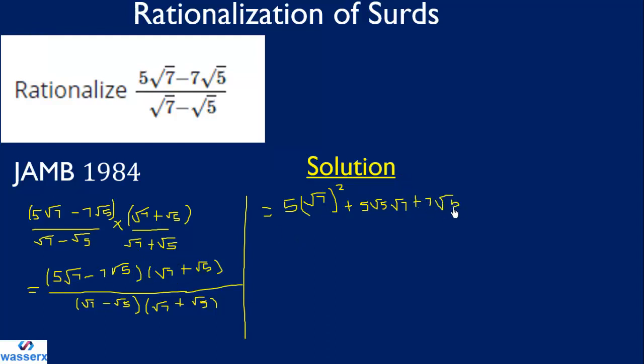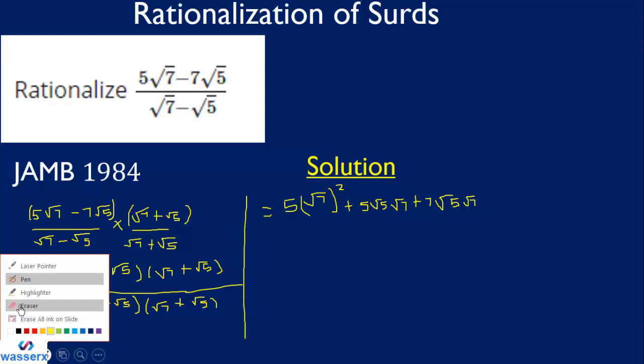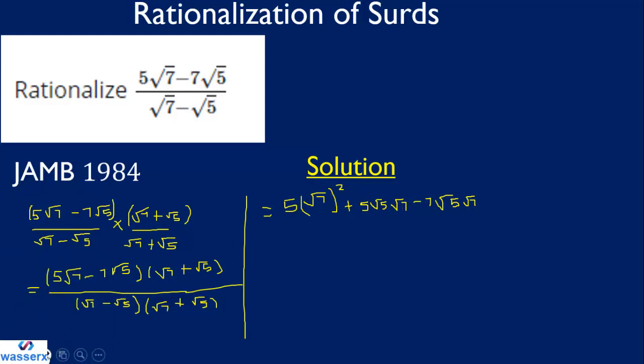So then we have minus 7 root 5 root 7, then we have minus 7 times root 5 all squared, all over the difference of two squares, which is root of 7 all squared minus root of 5 all squared.